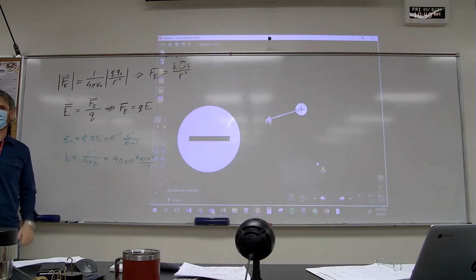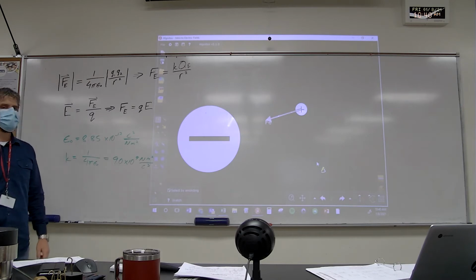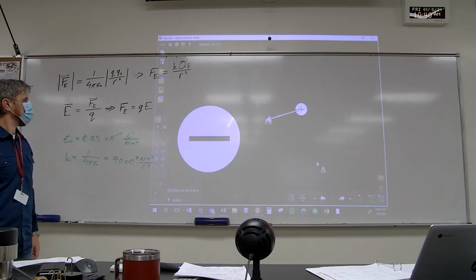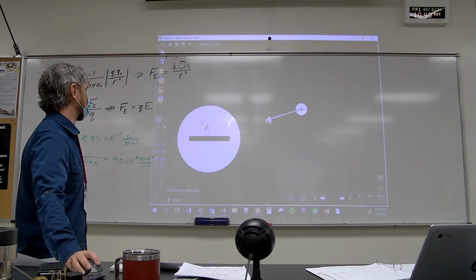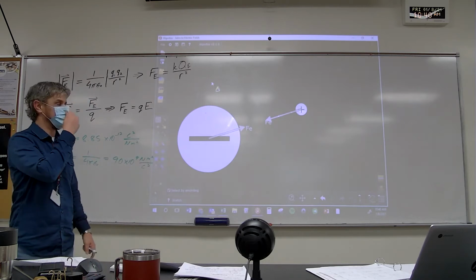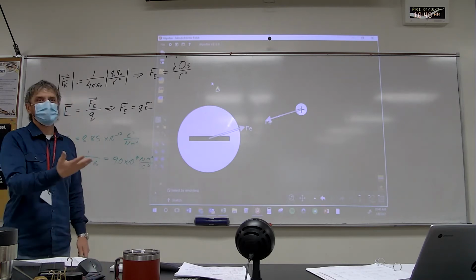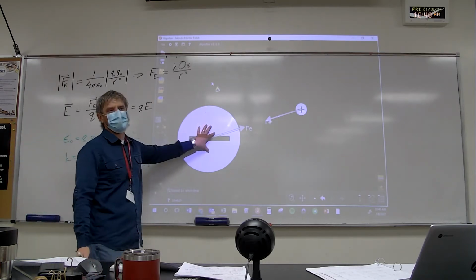Make sense? Yeah. So would that same force be acting on the negative particle? Yes, yes. And I put the little thing there. There it is. So yes, that force does act on it. Yep. And in most situations, though, we know that the big charge isn't going to move.